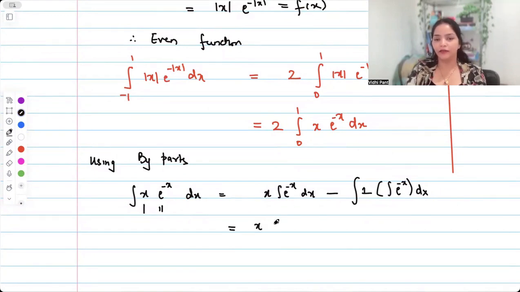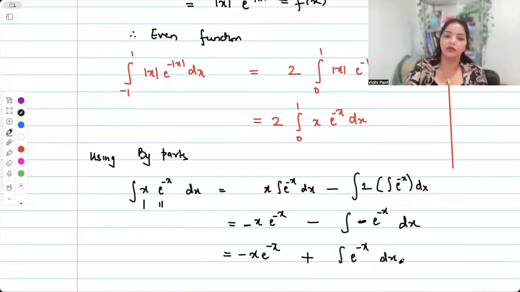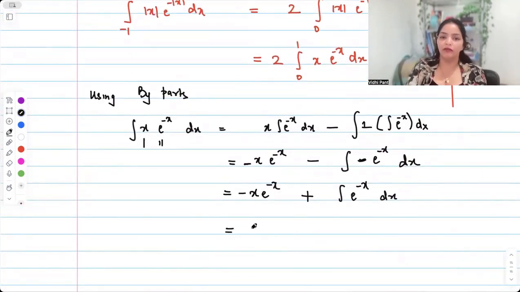So x e to the power minus x with a minus sign, that's the integral, minus integral, again e to the power minus x with a minus sign, minus e to the power minus x dx. So this is minus x e to the power minus x minus minus plus integral e to the power minus x dx.